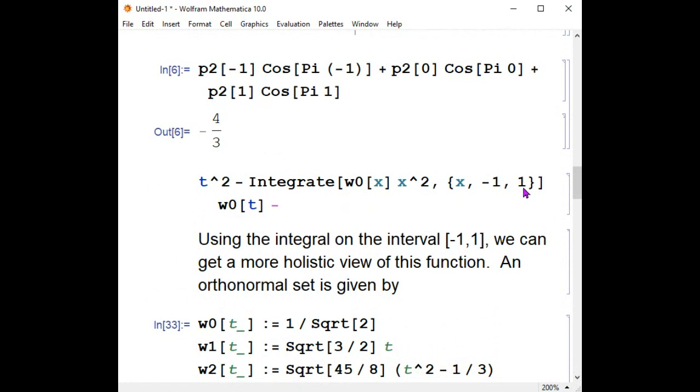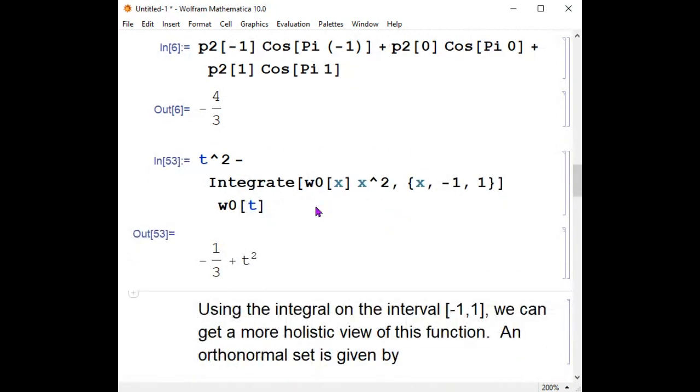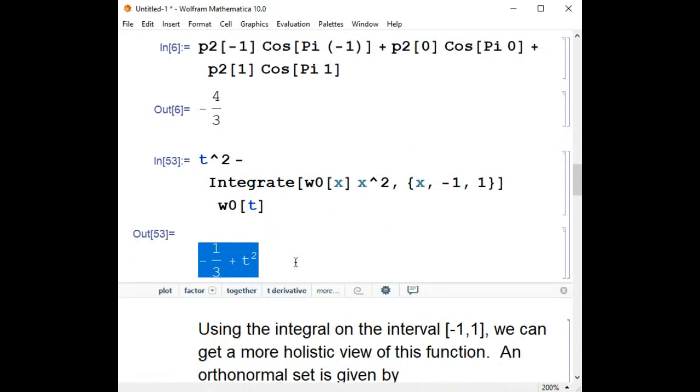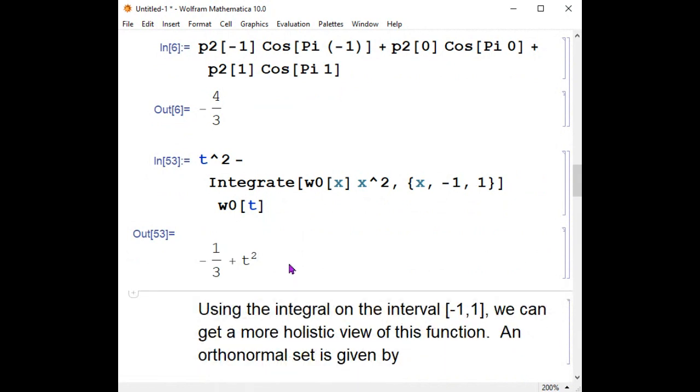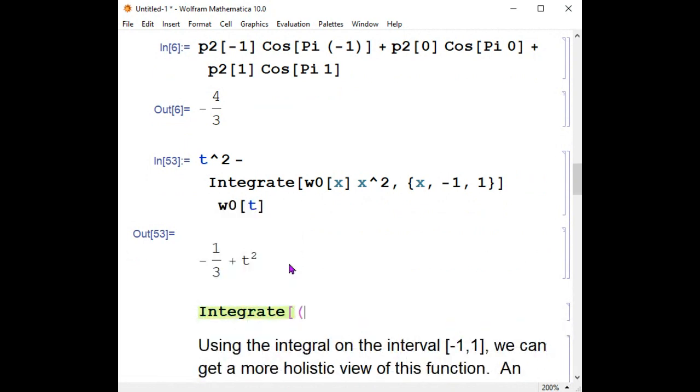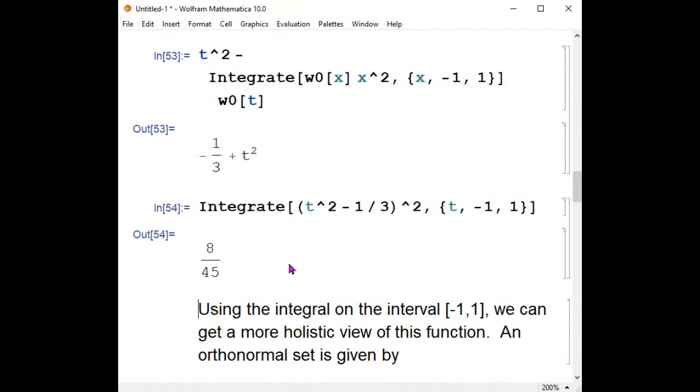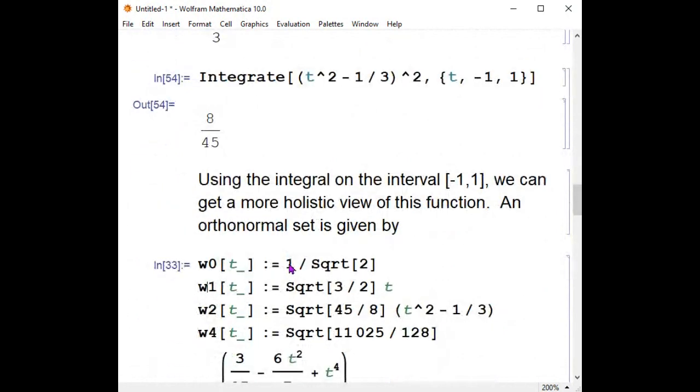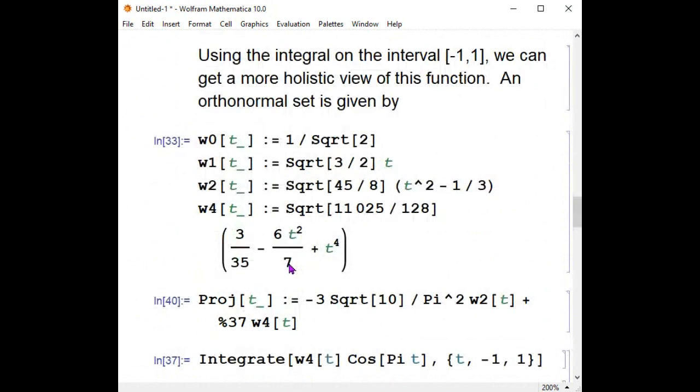I would also have to subtract for w1, but because t squared is even, that's going to be 0. If I do that, I get t squared minus 1/3. Then I integrate t squared minus 1/3 times itself, -1 to 1, and I get 8/45. What did I do? Square root of 45 divided by 8. Okay? T squared minus 1/3. Let's not talk about w3 yet.